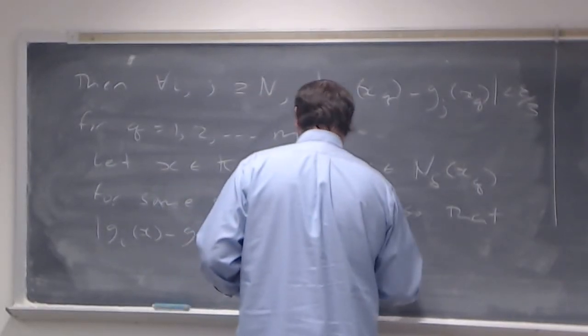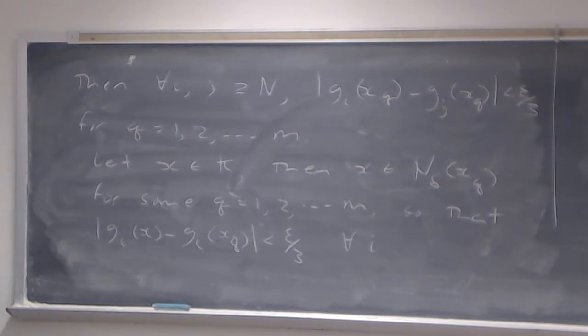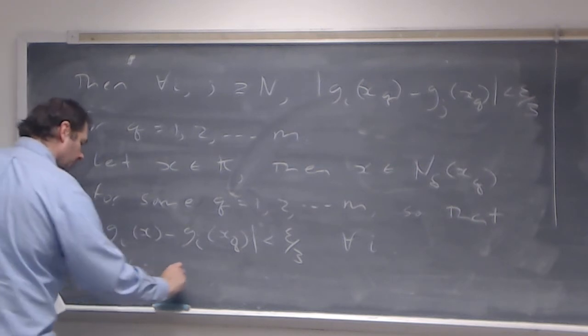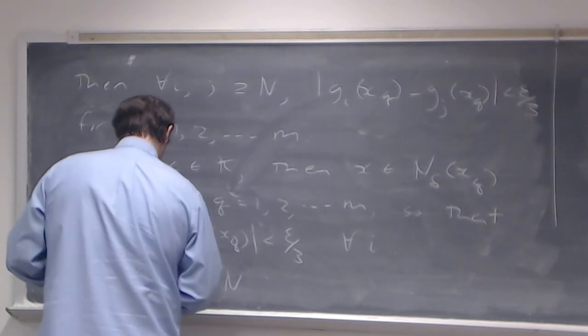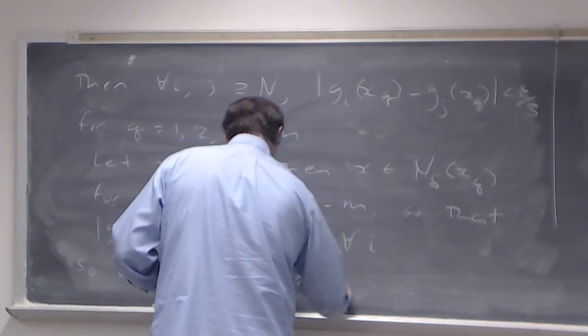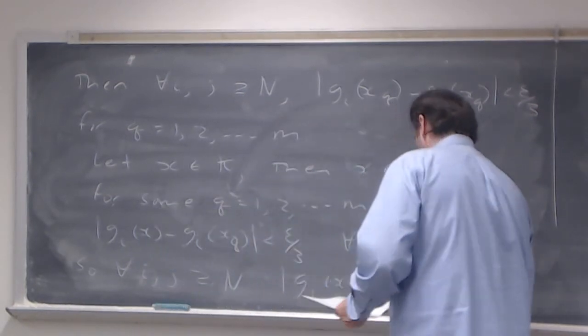And this is true for all i. So for all i and j bigger than or equal to N, we look at g sub i of x minus g sub j of x.